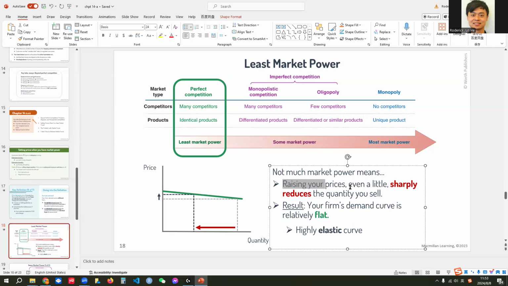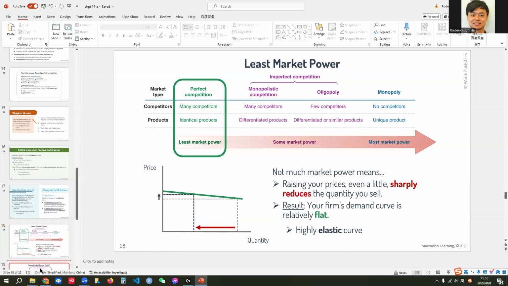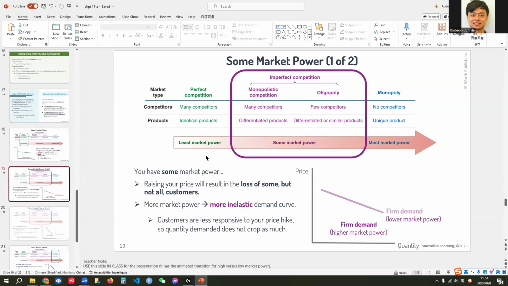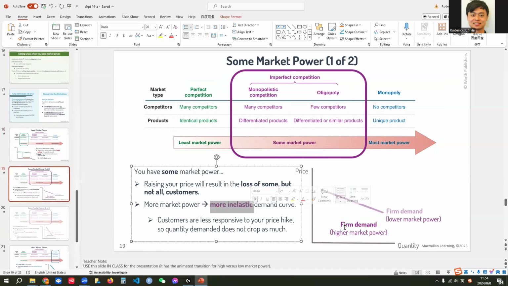If you raise your prices even a little, the quantity you sell will be reduced sharply. So here, if the price rises a little bit, the quantity that can be sold will be reduced by a lot. And in the intermediate status, now we allow for differentiation, then consumers are more inelastic.